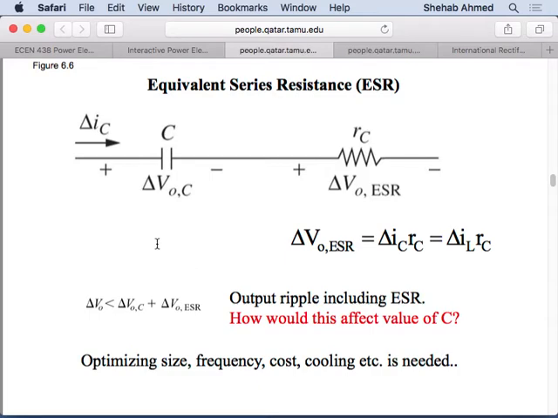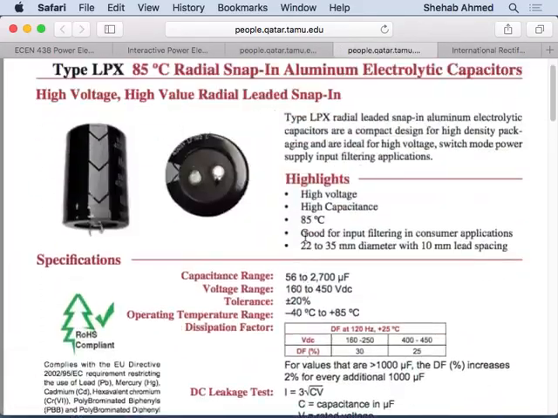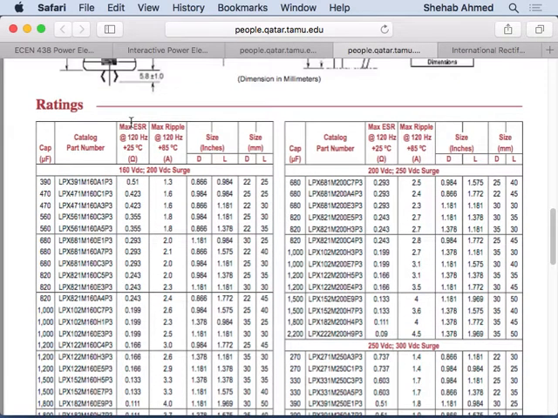And we looked at a data sheet last time for capacitors, and we saw that they clearly list ESR, for example. Here they list it at 120 hertz. Can somebody think of why they would list it at 120 hertz? So ESR would change with frequency, okay?